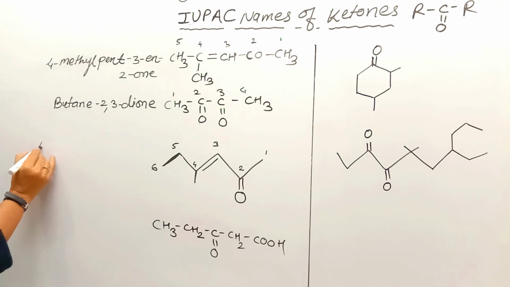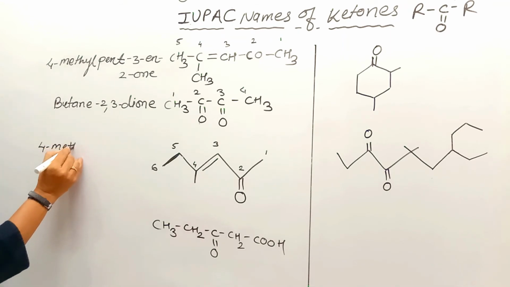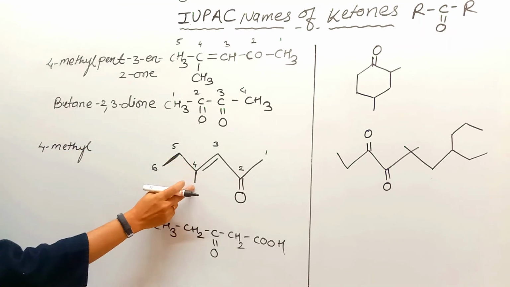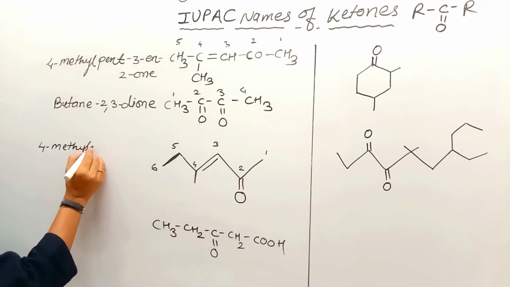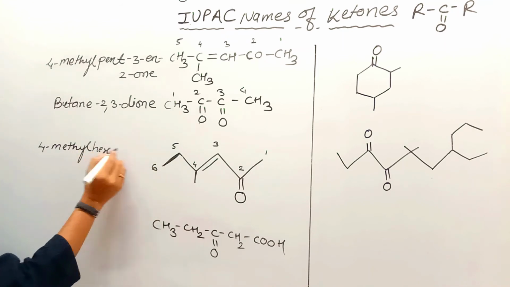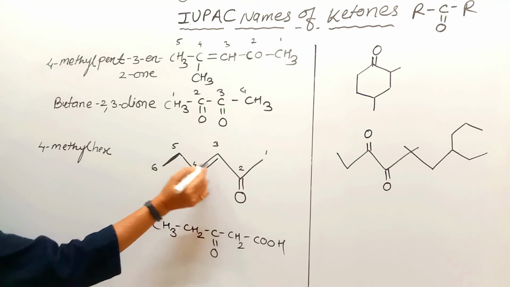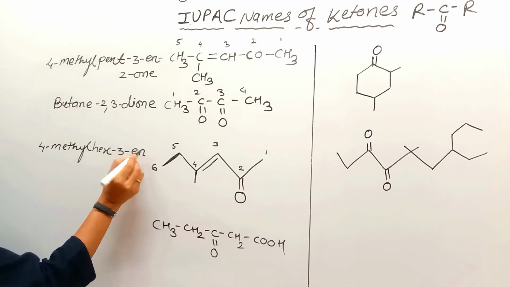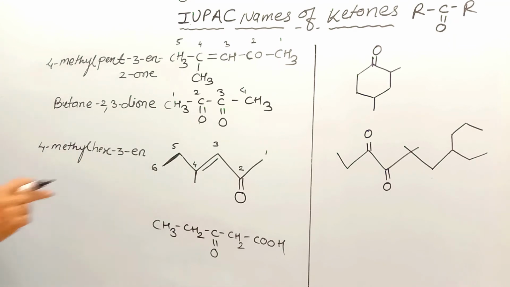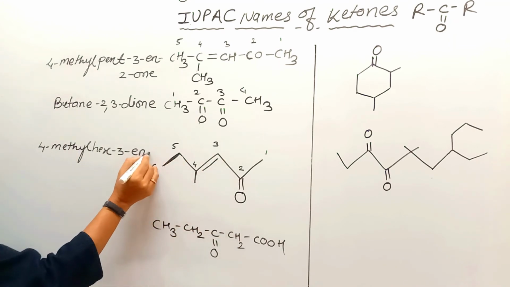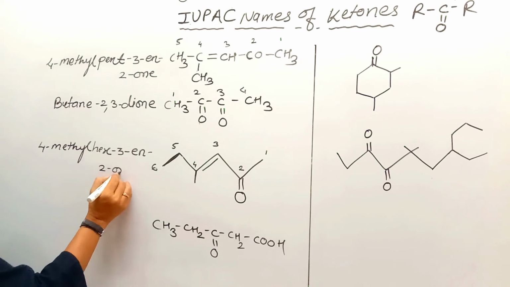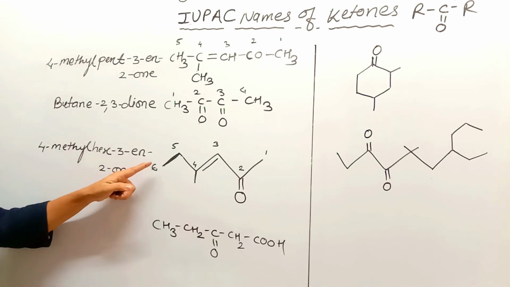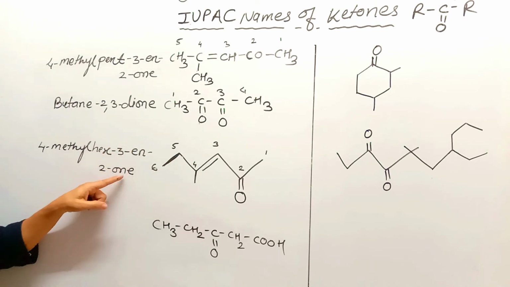So I will write 4-methyl, at 4 position a methyl group. Total carbon are 6. Hence hex. In between 3 and 4 there is a double bond, so lowest locant 3-en, right? And ONE at second position. So dash 2-one. You may write it in one line continuously. Due to lack of space, I write it below.